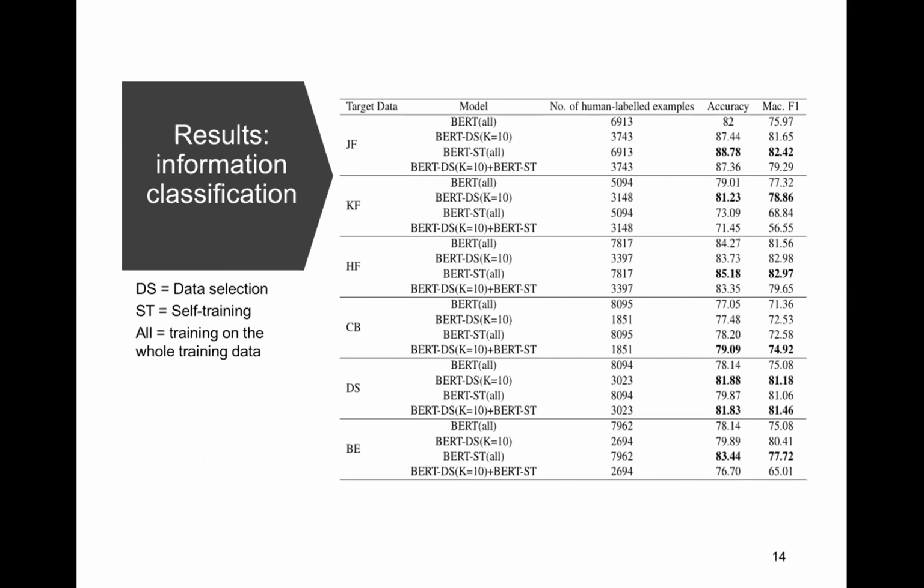So this is the results for the information classification task. Regarding this, we only experimented with the case that K was assigned to 10. I need to say that this task has been assessed separately.